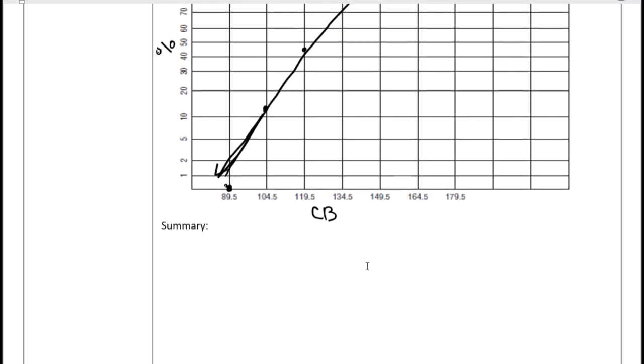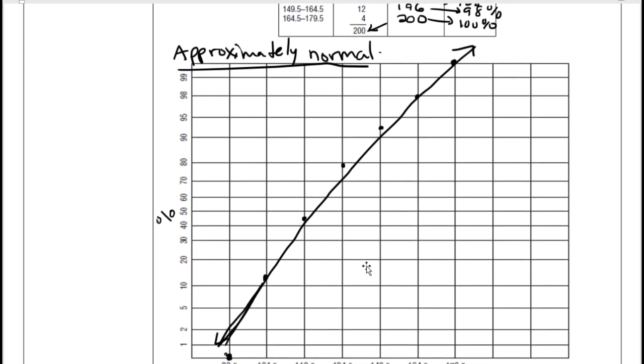All right, and that's it, guys. So those are a couple of different ways to determine normality.